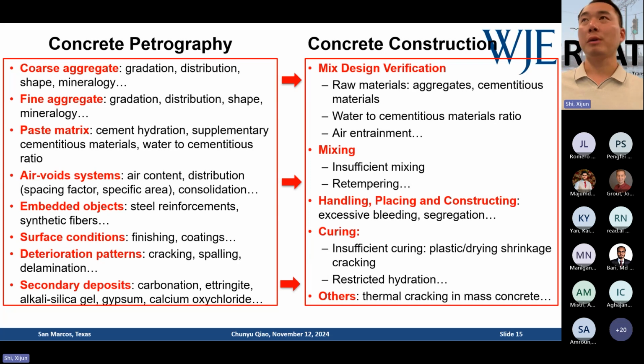For example, if you have steel rebar reinforcement, what's the cover, what's the thickness, and what is the corrosion condition, especially for corrosion issues in old structures. And also the synthetic fibers, are they distributed well, or do you have conglomerates or any features like that?